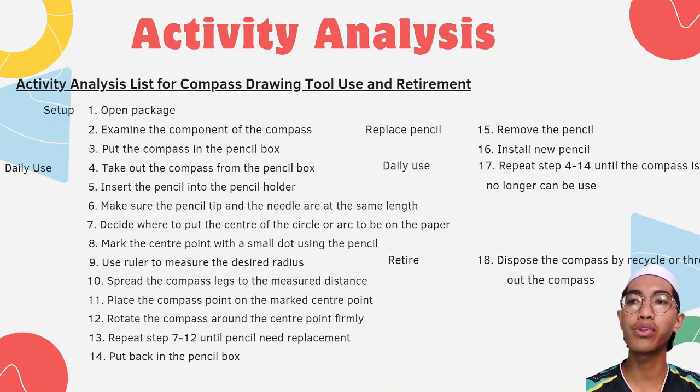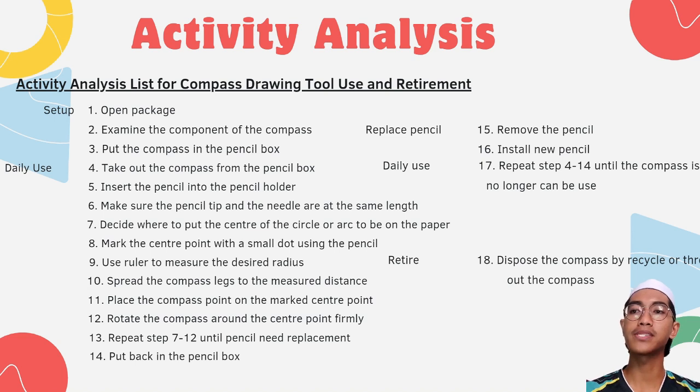Decide where to put the center of the circle or arc on the paper. Then, mark the center point with a small dot using the pencil. Use a ruler to measure the desired radius. After that, spread the compass legs to the measured distance.